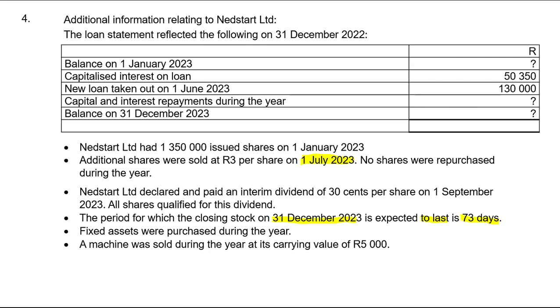I am just going to go back a little bit, and the reason why I'm going back, guys, is because they didn't say anything about tax and I need my profit before tax. So I'm just going to go back to double check if indeed they did not give me the percentage or the tax rate.